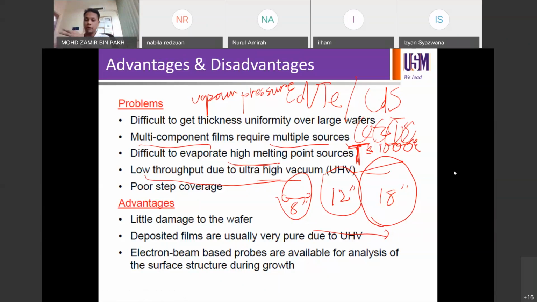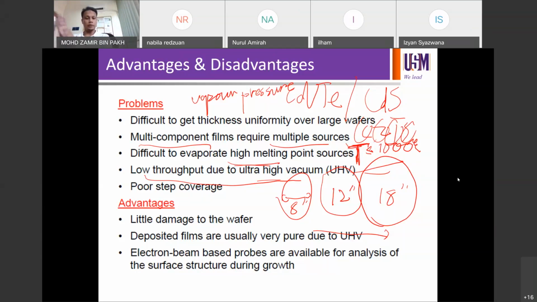Tak pernah. Naim pernah pakai? No, no one. Nabila? Oh, semua tak pernah. Tak ada yang buat metal deposition lah. Mungkin it happens to be no project in applied physics using thermal evaporation.